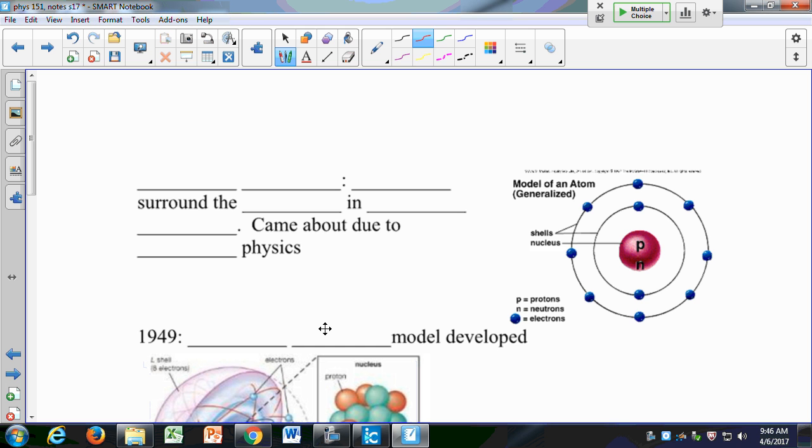Then the next model that came about was the shell model. It helped us to understand the energy levels between the different electrons. So it turns out that electrons have these discrete energy levels as they go around the nucleus. They have distinct places where they can inhabit positions, and the shell model begins to encapsulate that. Electrons surround the nucleus in discrete shells.